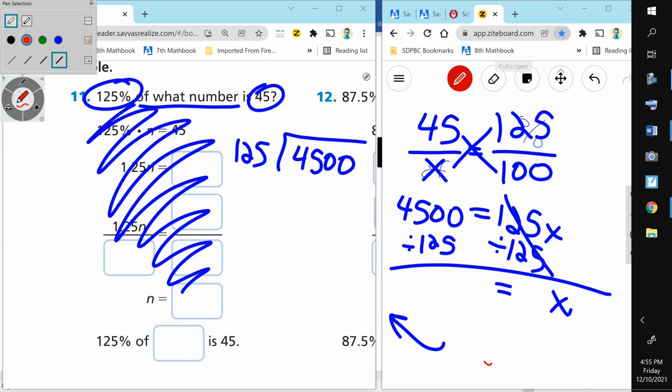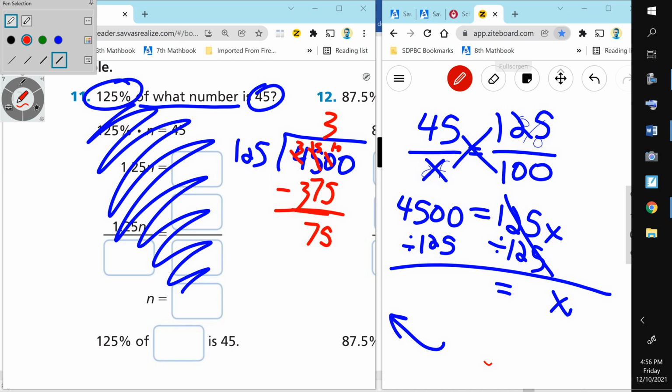125 goes into 450 how many times? Well, not once, not twice, 3. Let's try 4. That's not even close. Let's try 3. It's going to be 3 times, and you're going to get 375, and then you're going to subtract to get 75. 10 minus 5 is 5. 15 minus 7.